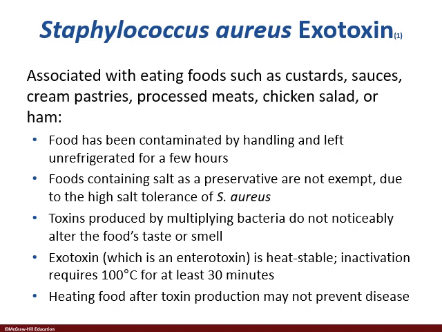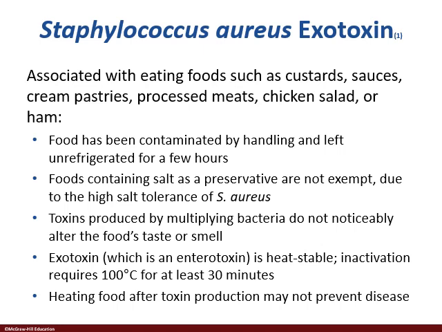Just enough heat to get it to set, maybe kill the vegetative cells, but not high enough heat to damage the toxin, because that would burn, or it would cause the custard to break.